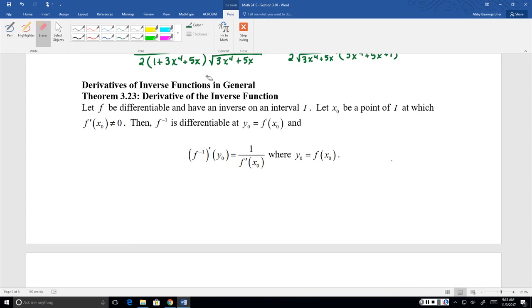Usually when they tell you it's not 0, that's because they're probably going to divide by it, and they don't want you dividing by 0. So there's usually some forewarning that there's going to be division, and sure enough, that's what we see. Then f inverse is also differentiable at the point y sub 0 equals f of x sub 0. y naught equals f of x naught. And we have this statement.